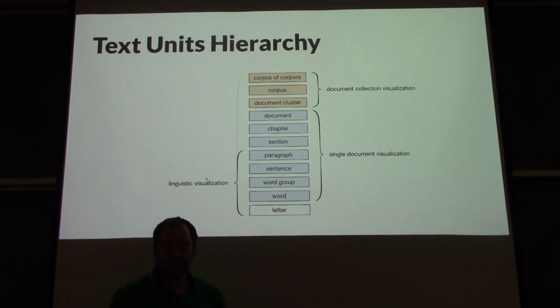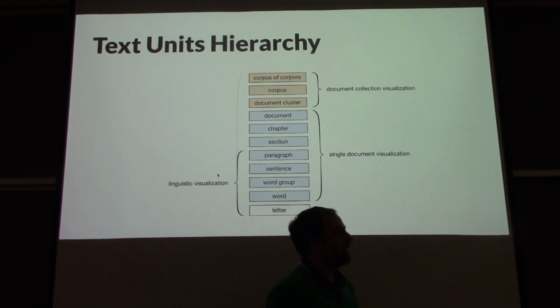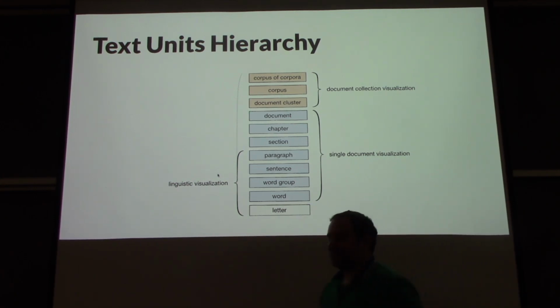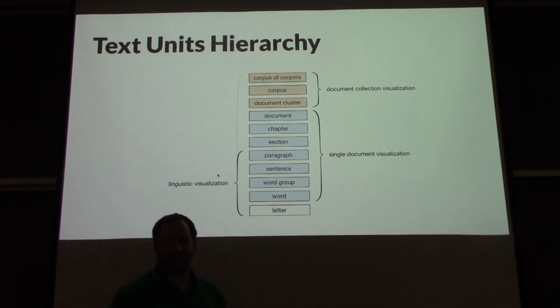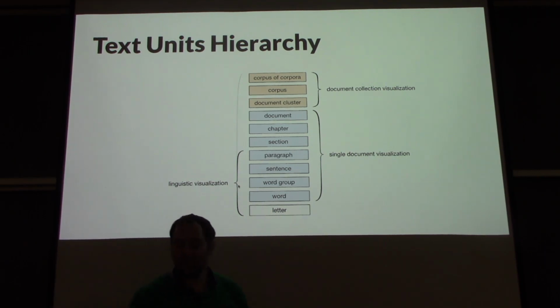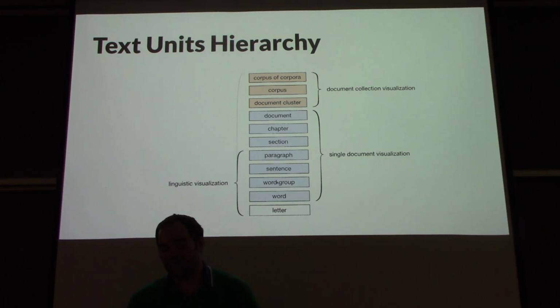You have linguistic visualization. For example, my colleague Maran Maya did a project with Nina McCurdy on sonic patterns in poetry. That would be very low level, here on the letter and word level. When you want to understand the content of a single document, you're here in this blue space.